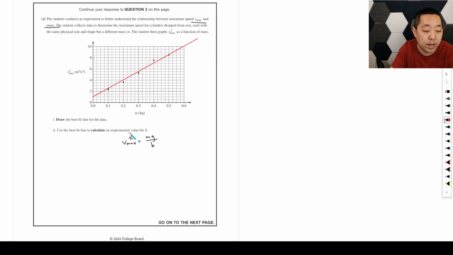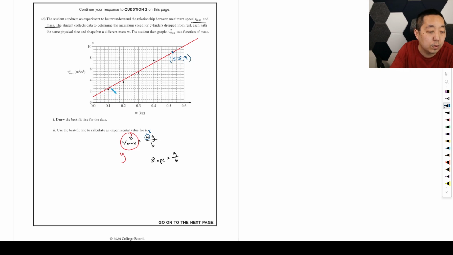So this is our y value, and this is our x value, because that's on our x-axis. That means our slope is equal to g over b. We want to pick 2 points on this line that are easy to read off the graph. I'm going to pick this point, 0.525, and the y value is 9.